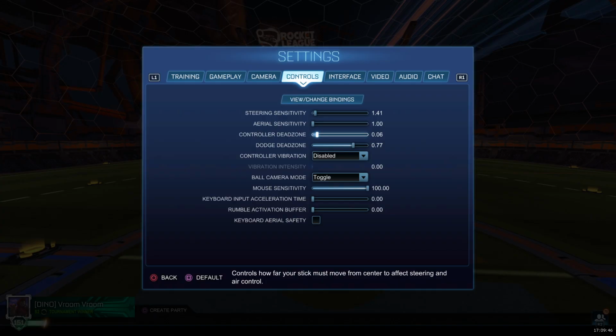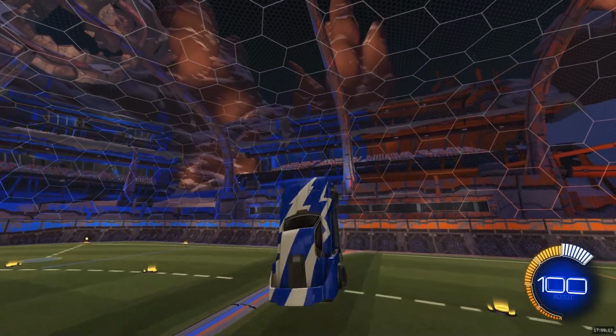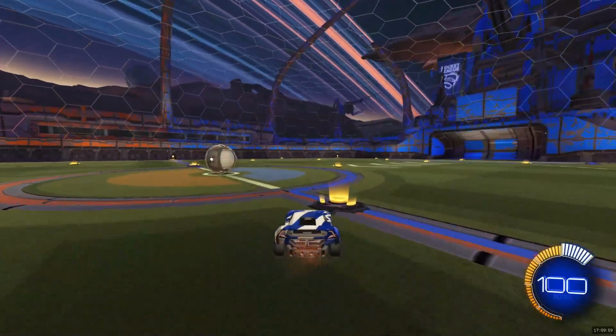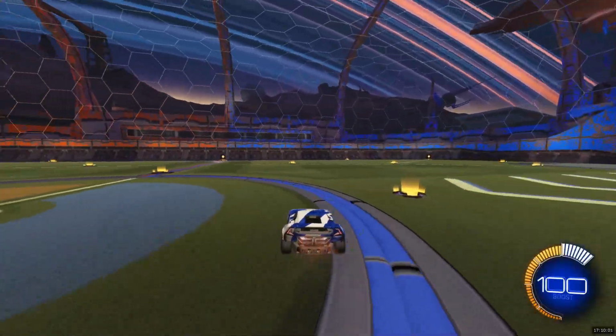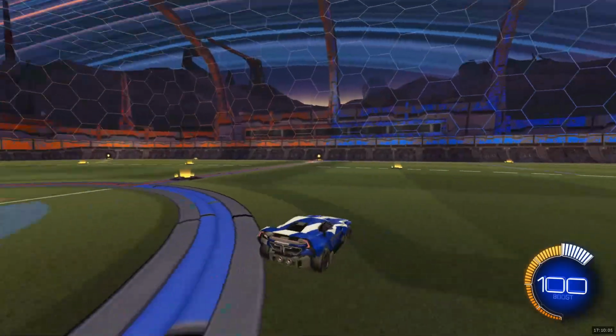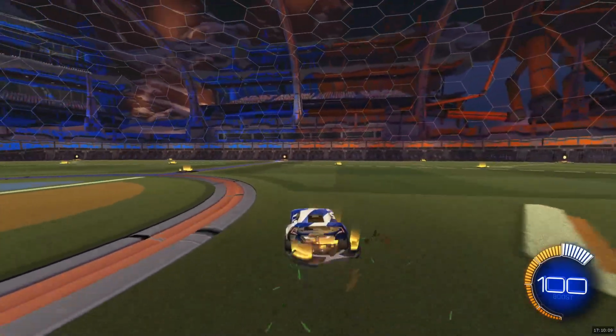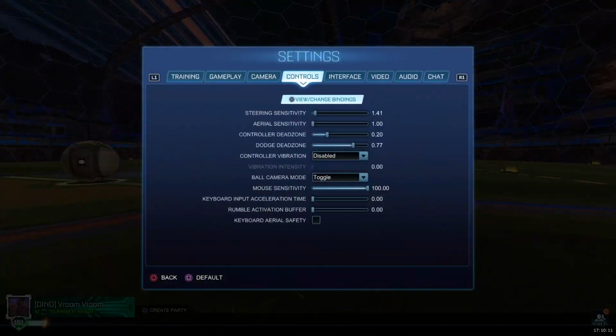Controller dead zone, you want low, kind of for the same reason. If you have a higher controller dead zone, your movements are going to start at a higher stick movement percentage, right? So if right now with 0.2 controller dead zone, I have to move my stick 20% of the way before I start steering, which is going to give me less total room for different movements of my car.